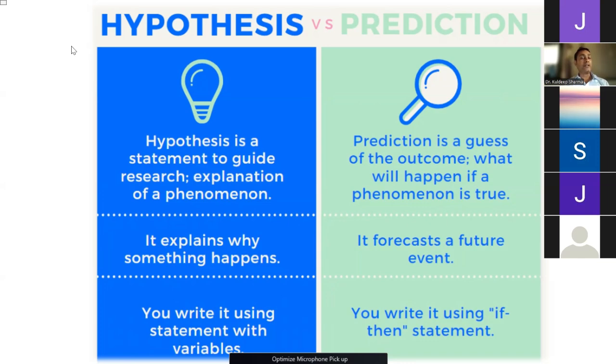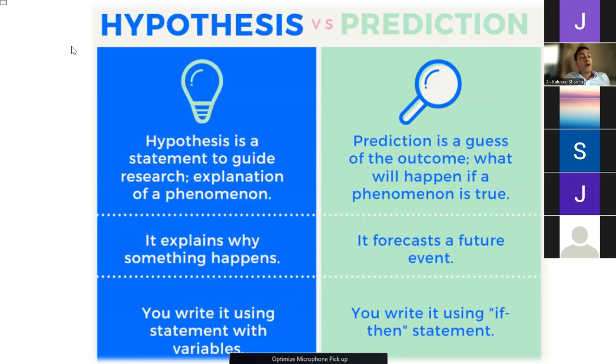Hypothesis is a statement to guide a research experiment of a phenomenon, whereas prediction is a guess of the outcome. What will happen in the phenomenon may be true, maybe false.